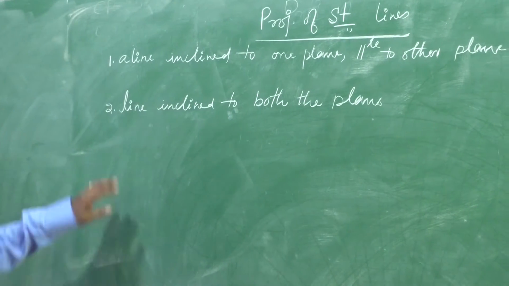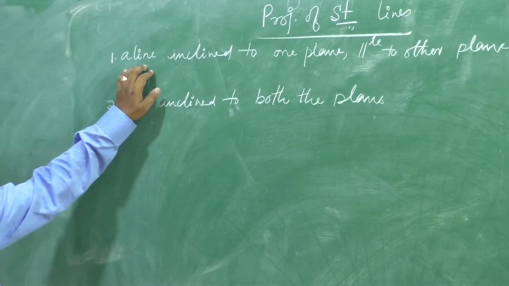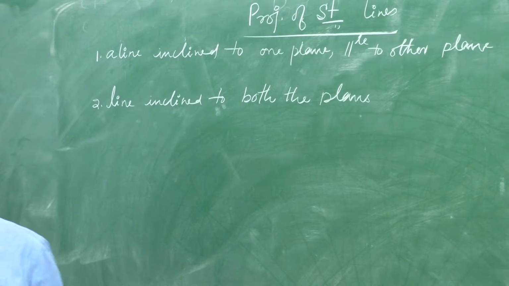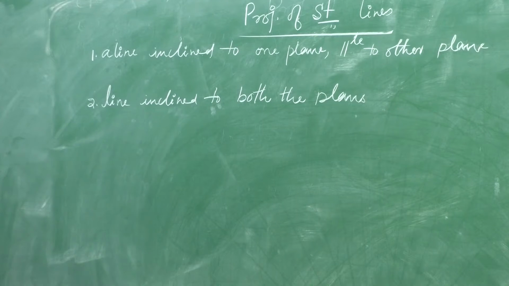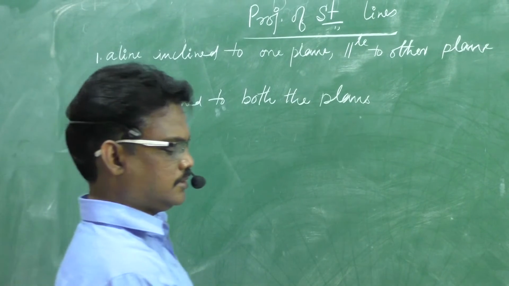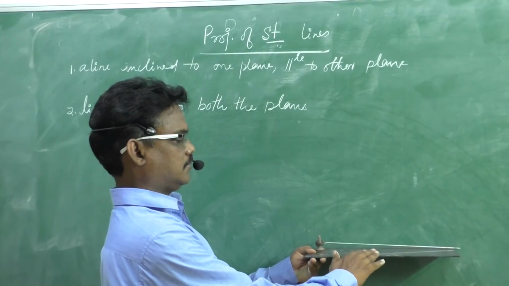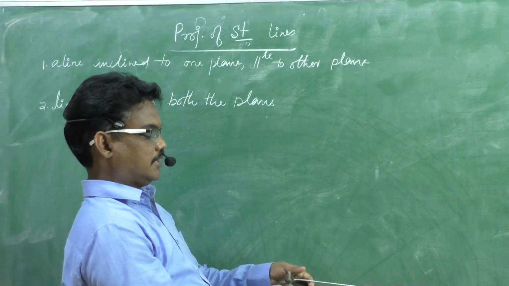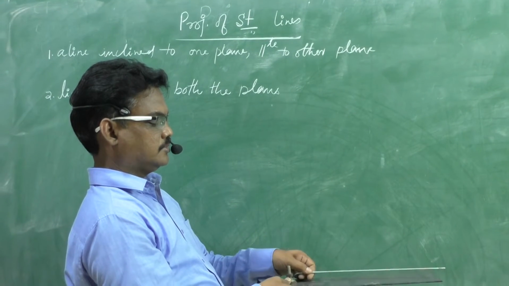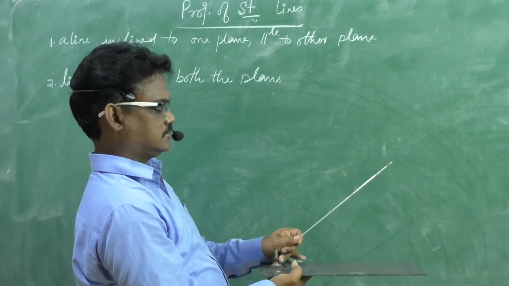Now the first case we will see, that is, a line inclined to one plane and parallel to the other plane. What are the different possibilities? When a line is inclined to one plane, we can consider this as the horizontal plane and this as the vertical plane. Let the line be like this.